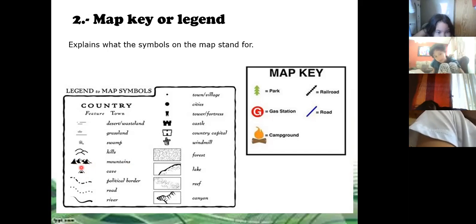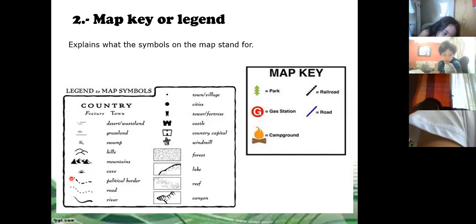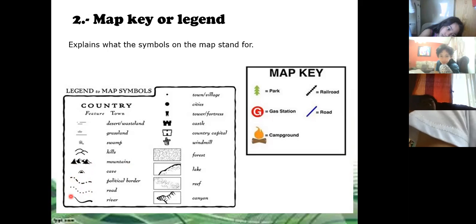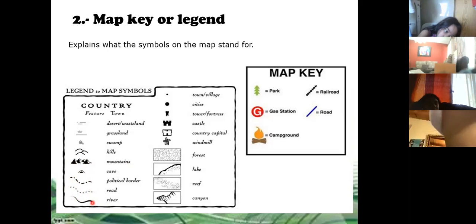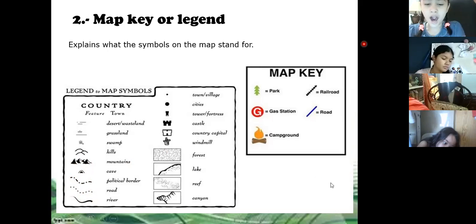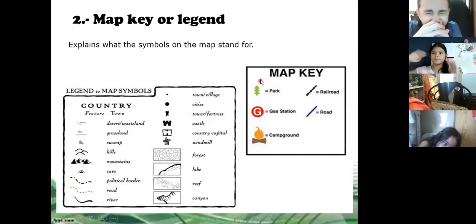This is the symbol for caves, for political borders, roads, for a river. The river, remember, in this case is black, but it must be blue because in this way we know that it's a river. Here we have some legends, map symbols. We have more examples here. What happens if you see a tree on the map?